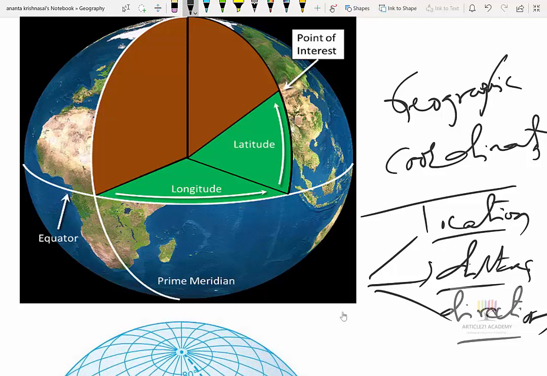Let us look at this statement in terms of this picture. In this picture, I am looking at a particular point here, which is the point of interest. Number two, that particular point will pass through its own meridian, and this forms its meridian. Number three, I am trying to have the shortest distance possible from the surface to the center of the Earth, and this line represents that shortest distance.